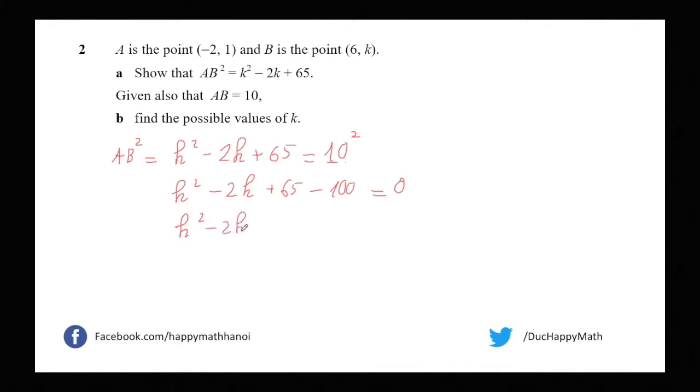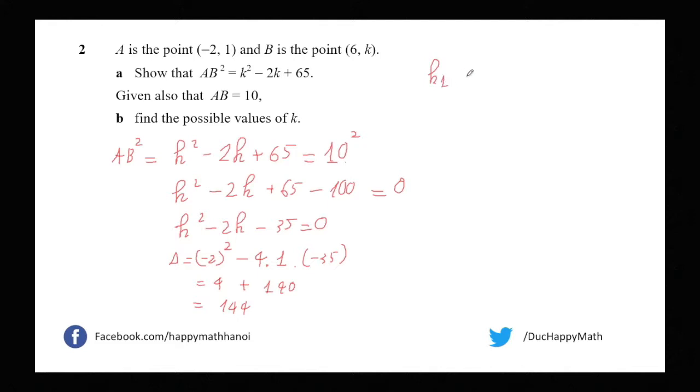So k squared minus 2k minus 35, and delta will be equal to b squared minus 4ac, which is 4 plus 140, so 144. After that you will have k.